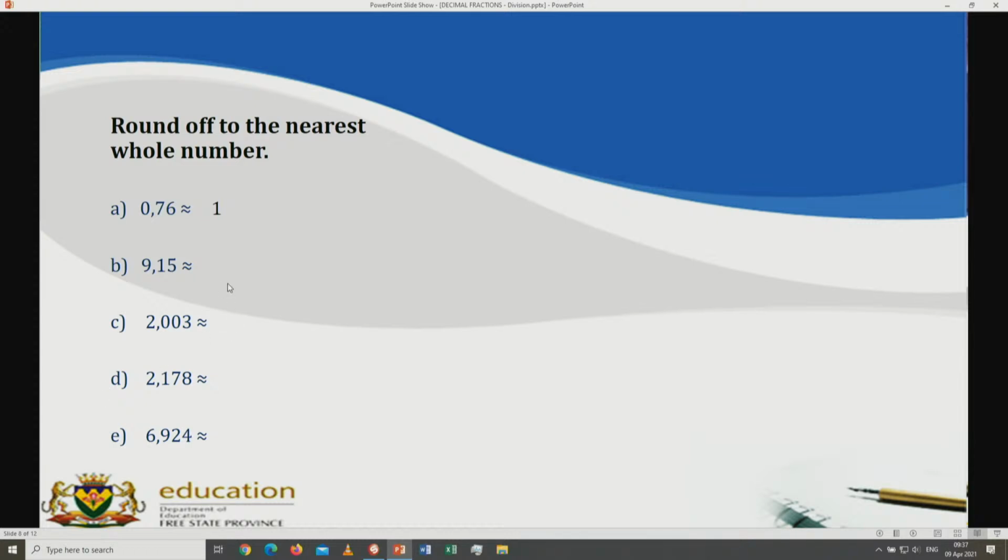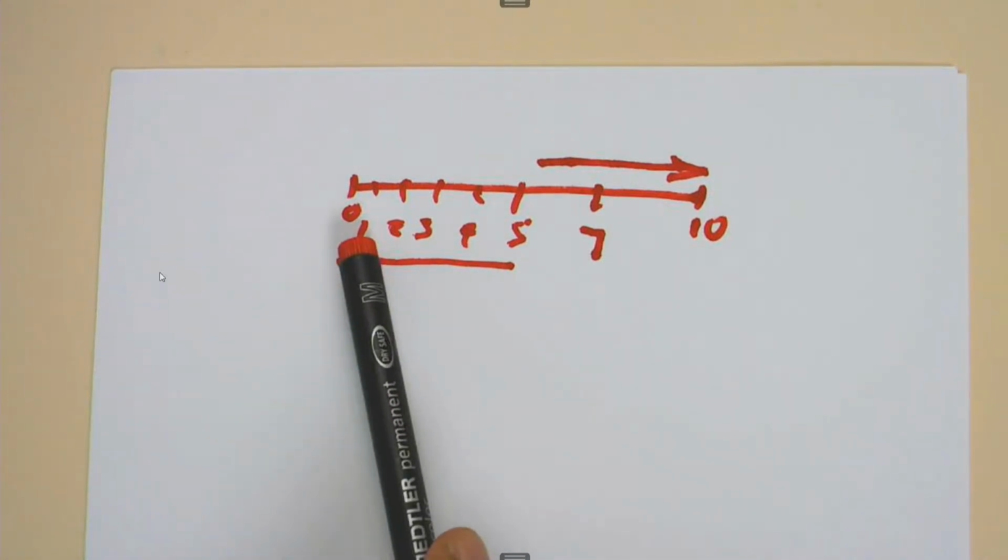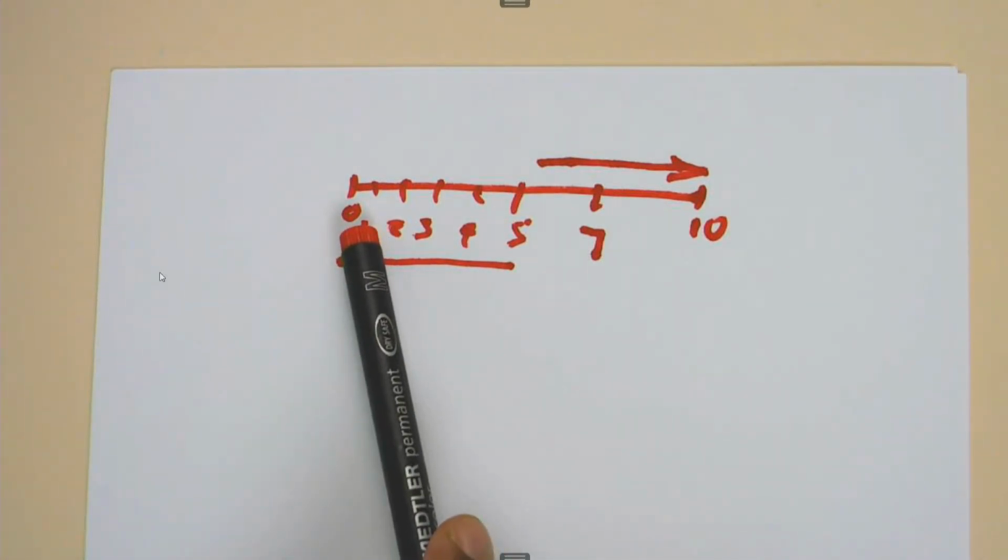Now, let us go to number 2 or number B. Number B is 9.15. What are we saying now when it is 9.15? Our whole number is 9, and then we said we are going to look at the 10th digit, which is now 1. You remember? Let me go back quickly and you see what did we say. It's 1 now. When it is here, which means you can go back.